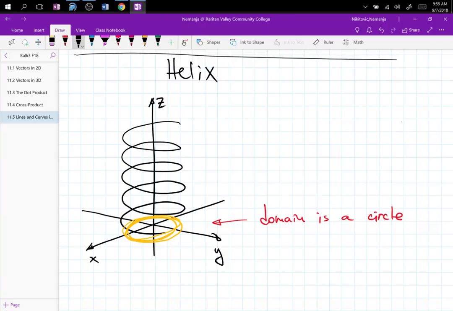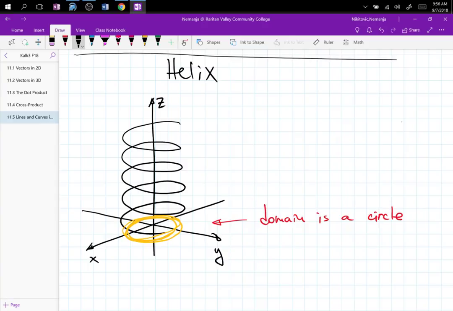So if you are to look at the little spring, oh, actually, here, I can take this notebook. Here's your helix. This is what the helix is. This is spiral or a spring, right?